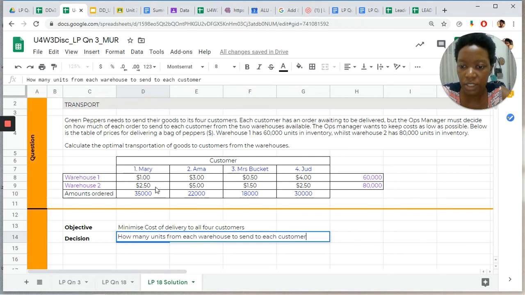So for instance, if Mary wants 35,000, we might decide to send 10,000 from warehouse 1, 25,000 from warehouse 2, if that's the optimal solution.